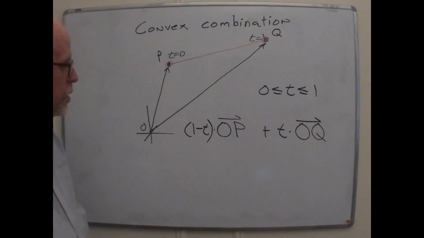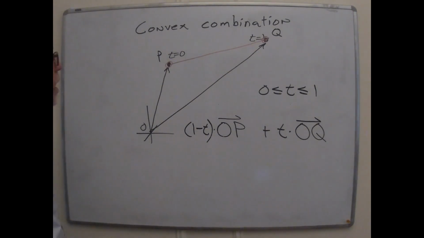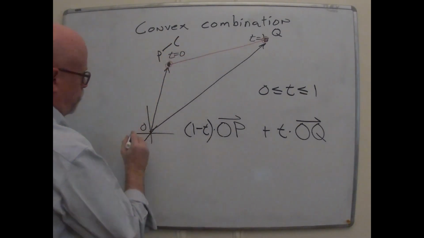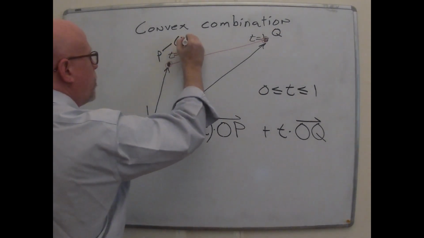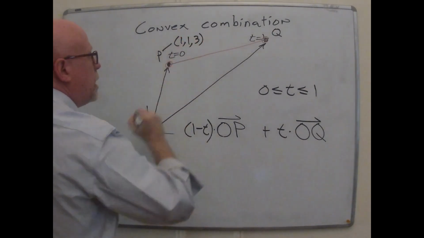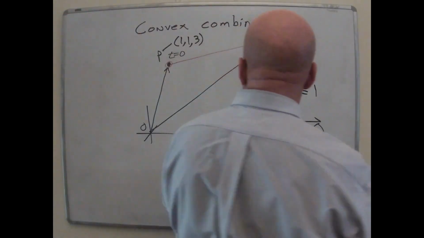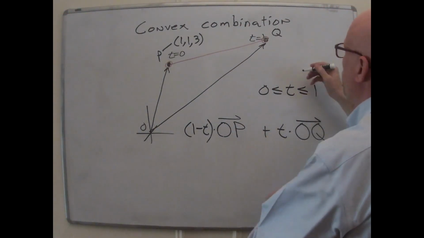Perhaps it would be a good idea to put some actual coordinates on things, and then you'll see how that works out. So let's suppose this P here is (1, 1, 3), which is about what it looks like. And Q is a lot farther out in the x direction, only a little bit higher, and maybe a little bit farther back.